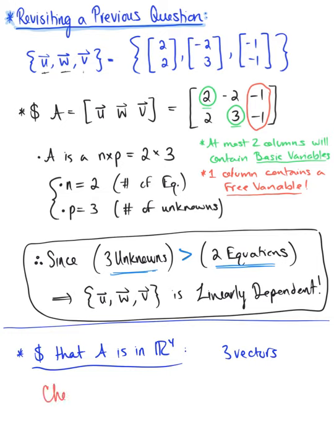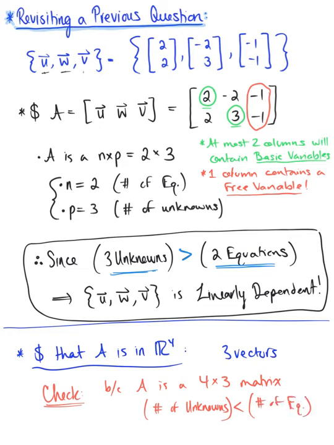We would need to check here, and this is because A is a 4 by 3 matrix, meaning that the number of unknowns is less than the number of equations. We have 4 equations and 3 unknowns. So it could be either linearly dependent or it could be linearly independent. We won't know until we check.